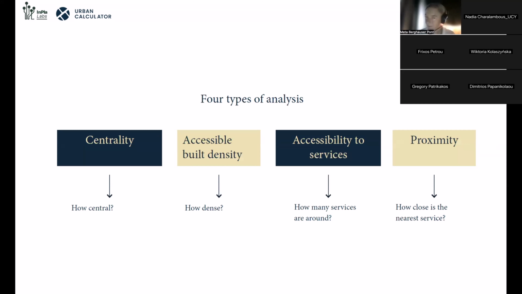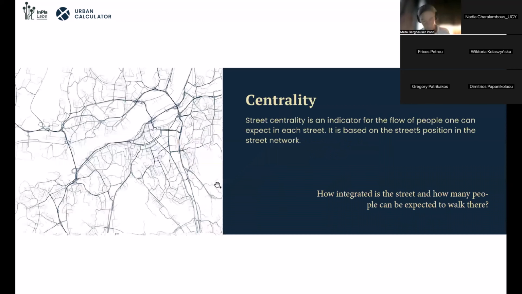So how densely built are certain areas in a city or a region? The third one is accessibility to services. So how many services are around you and how are they distributed? And the last one is proximity. How close is the nearest service? So these are the 4 groups of analysis that can be done using Urban Calculator, and I will walk you through.